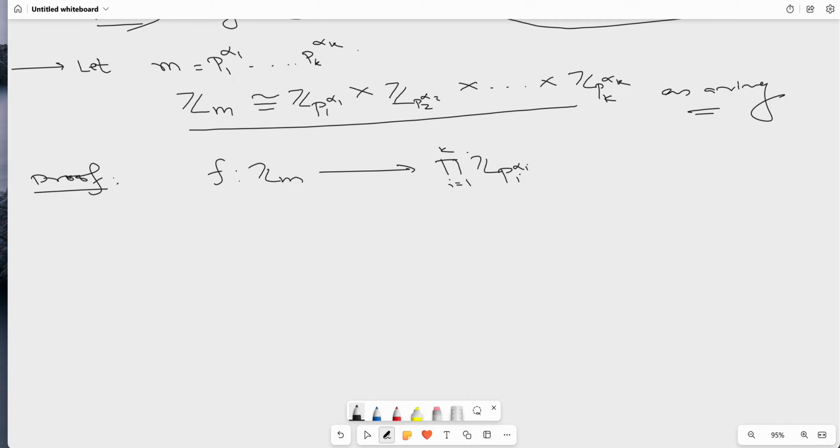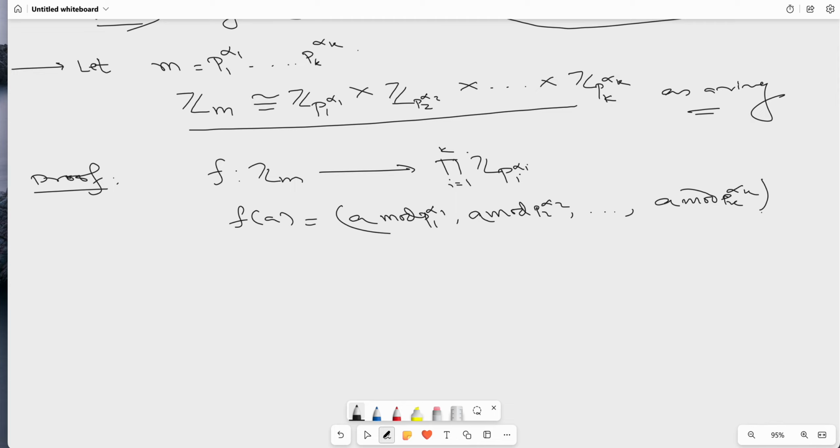How will you define it? f of a goes to (a mod p1 to the power alpha 1, a mod p2 to the power alpha 2, dot dot dot, a mod pk to the power alpha k).